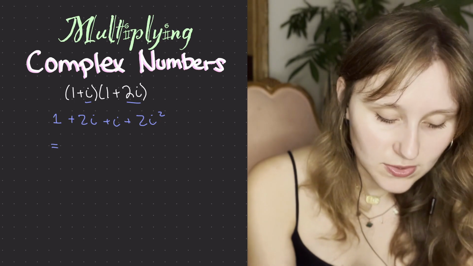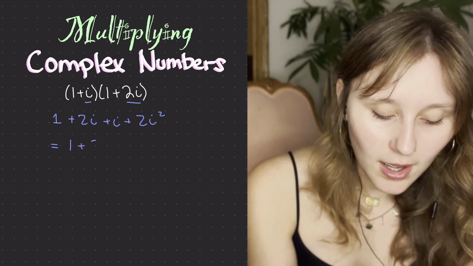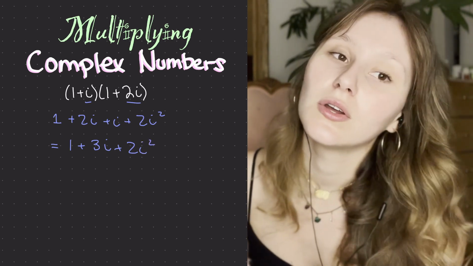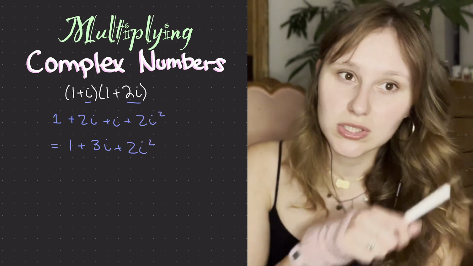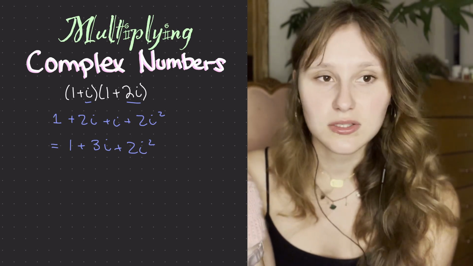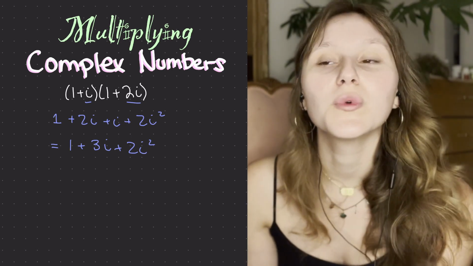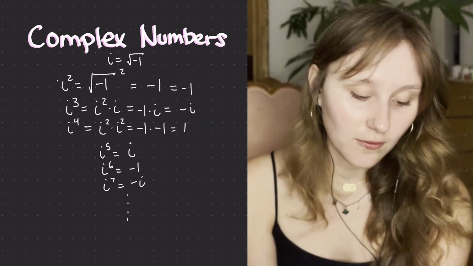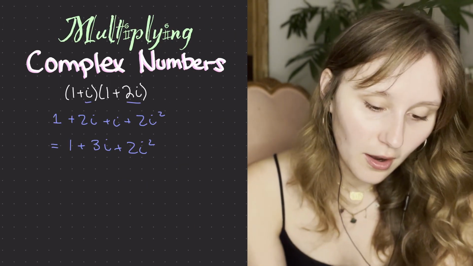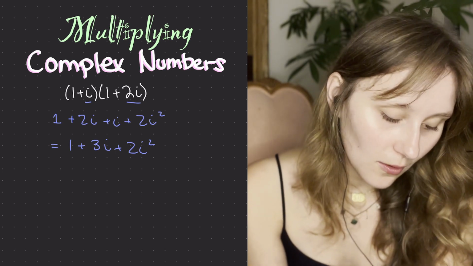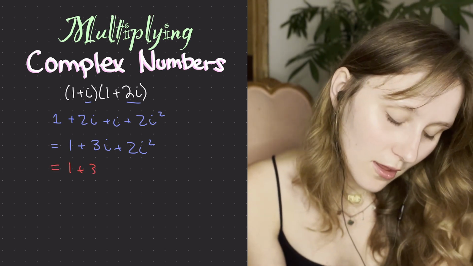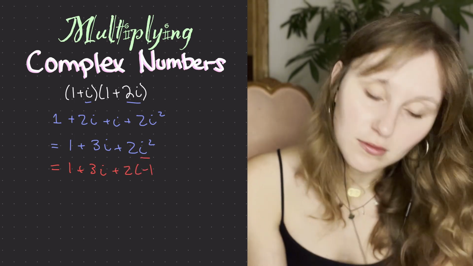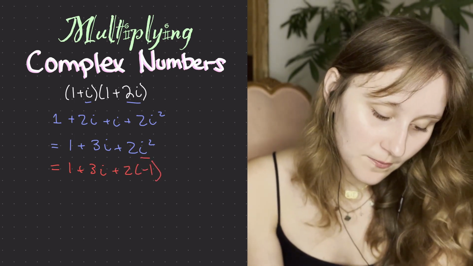Combine like terms, so we get 1 plus 3i plus 2i squared. Now, as math teachers, we do not want to see an i squared ever, because we want to simplify that. We know that i squared is -1. So our final answer here is going to be 1 plus 3i, and then that i squared is going to be a -1. So we got 2 times minus 1.